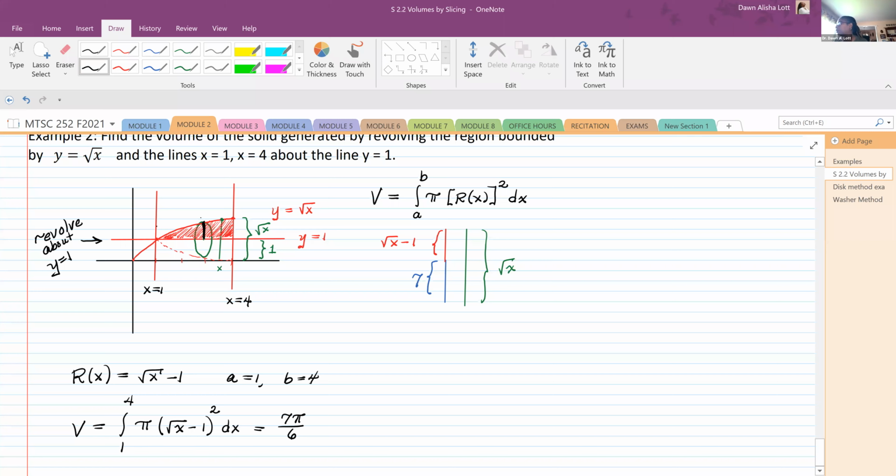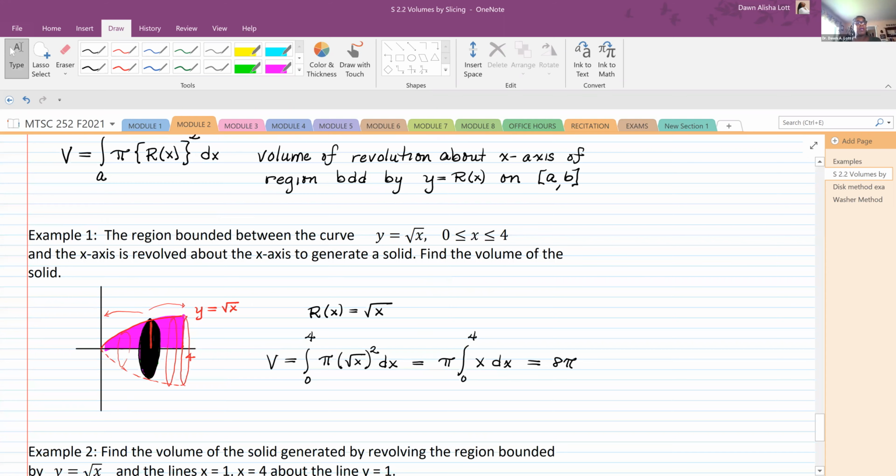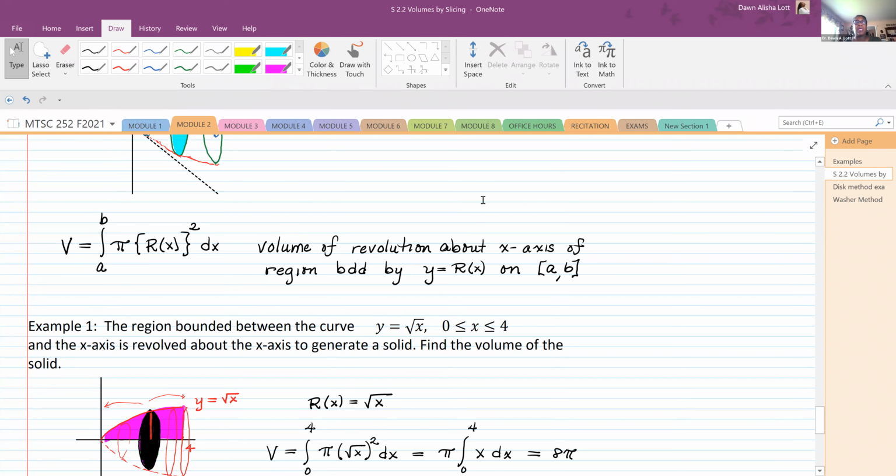That's the radius of the circle. So for any x, the top of the line is the square root of x, and then I'm always going to be subtracting off 1. So that will give me my radius. So this is the formula for the volume of revolution about the x-axis.